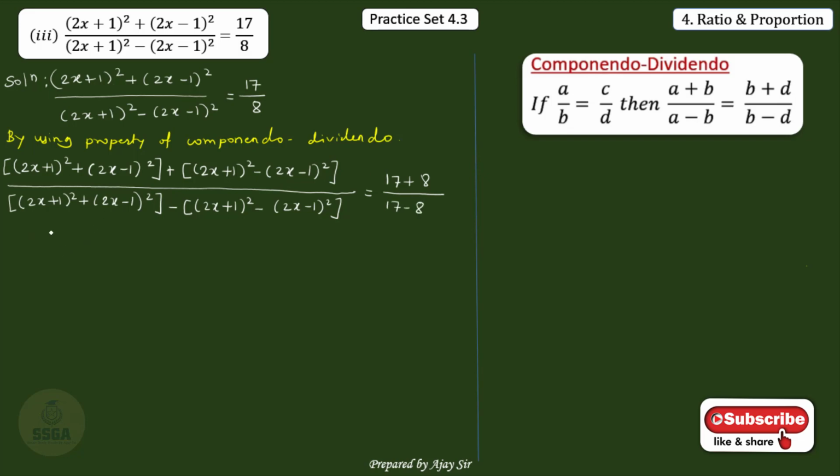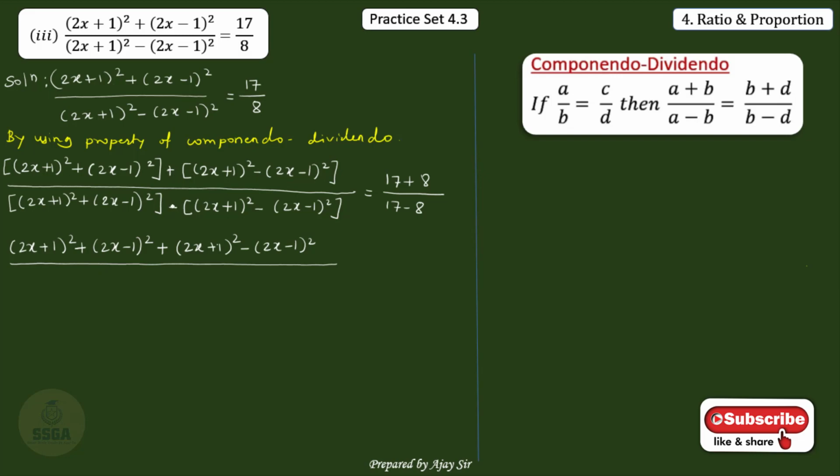Now you just have to remove the square brackets. Outside there is a plus sign, so the sign is as it is: (2x plus 1) bracket square minus (2x minus 1) bracket square. If the sign outside is plus, the sign inside stays as it is.